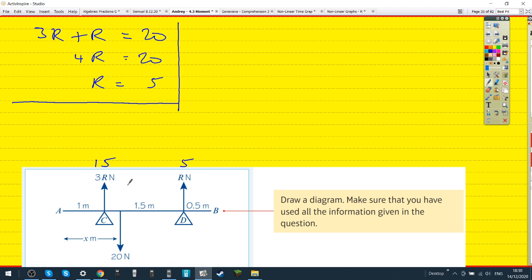Alright, 5 and 15. Sorry, what did you say we need to do next? I didn't. You tell me. I'm assuming it'll take moments. So if you take moments about any point, I'll just pick A. Moments about A will equal 0.